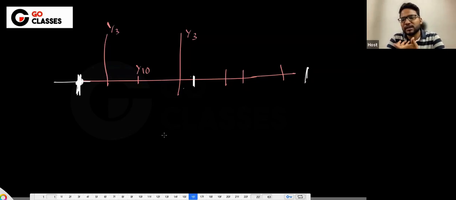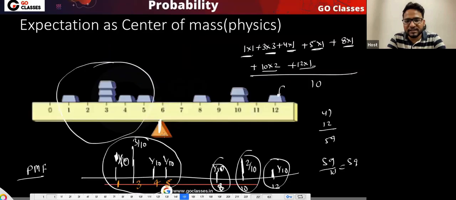So expectation, you can say, is a center of mass, which means in the physical sense you can compare it with the center of mass. In the logical sense, you can say it is a summary, or a number which you can expect in the long run. I don't know if I can give the actual definition at this point in time. Let me tell you one line; you might not get it.